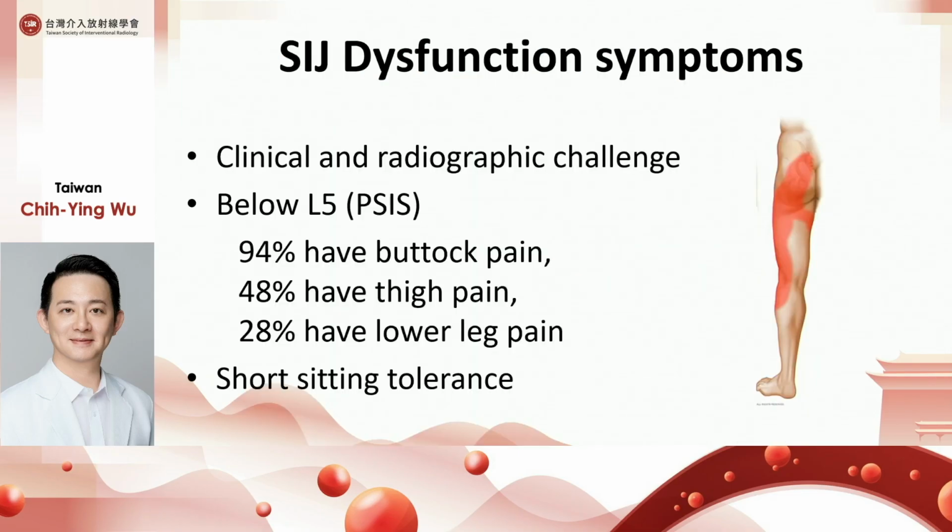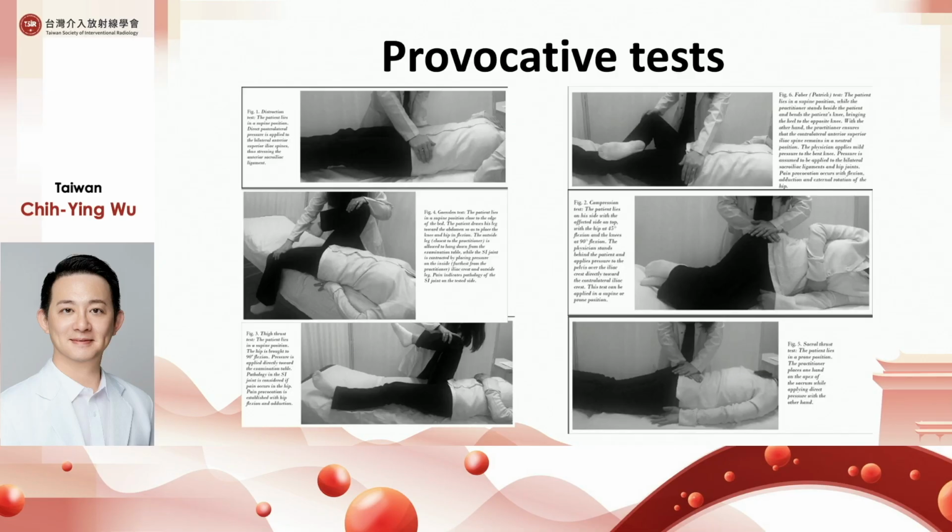SI joint dysfunction remains a clinical and radiographic challenge. The symptoms include low back pain below the L5 level, radiation to the buttock and the posterior side of the lower leg, with poor sitting tolerance. There are 6 provocative tests for SI joint pain.